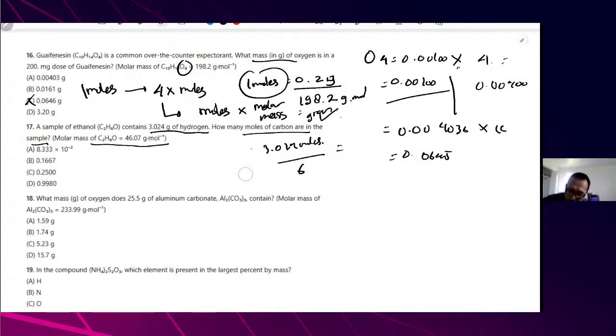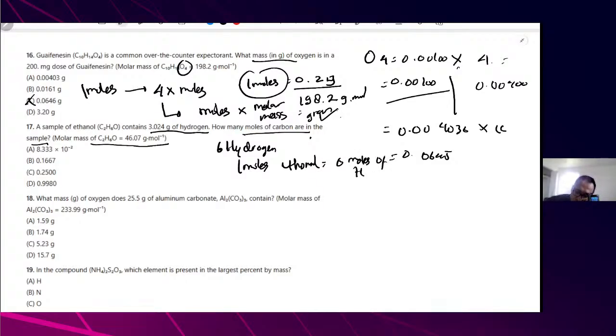Let me think again. Okay, so ethanol has this. Each molecule of ethanol contains 6 hydrogen. So 1 mole of ethanol has 6 moles of hydrogen atoms, and each ethanol has 2 carbon.